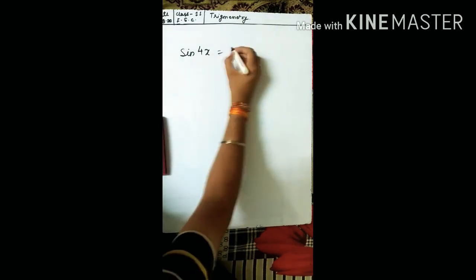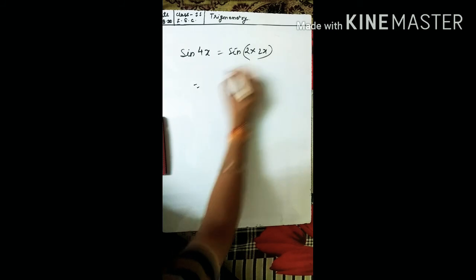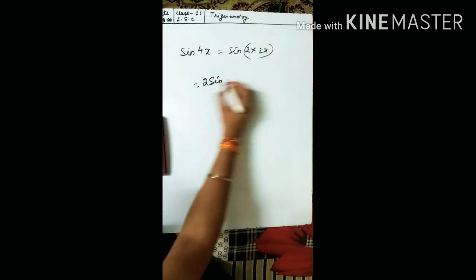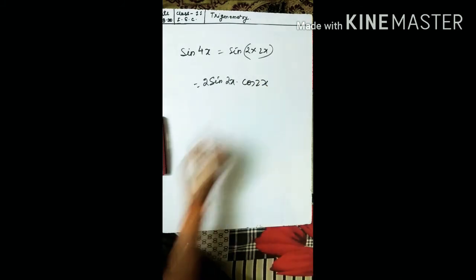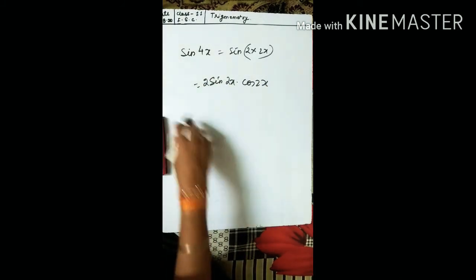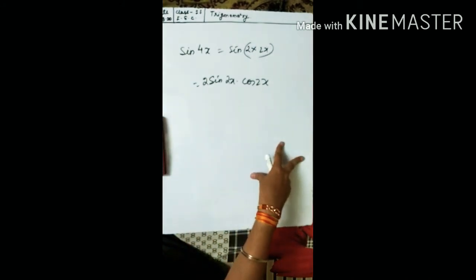Or you would have used the simple identity that sine 4x can be written as sine 2 into 2x. So sine 2 theta is what? 2 sine x cos x. You would have done this also, and that is also correct. Sine 4x can be written as 2x plus 2x using that sine x plus y identity.